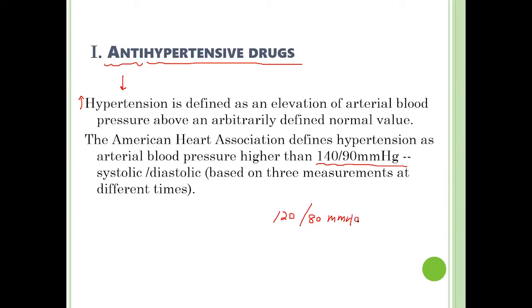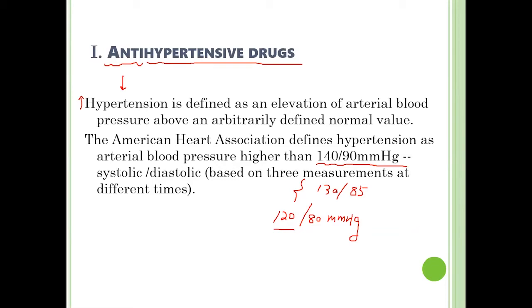But we have some space here, between 140 and 120. If a person's blood pressure goes to 130 over 85, for example, we couldn't truly diagnose the patient with hypertension. But these kinds of patients truly need to be careful, and later on they possibly get hypertension.